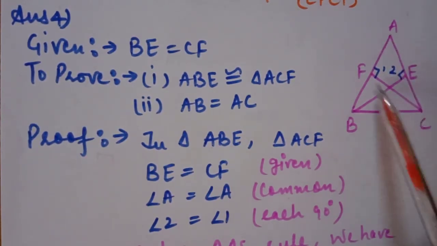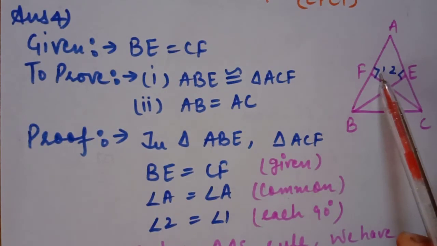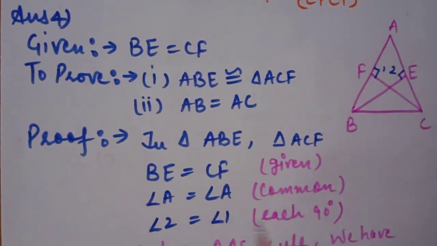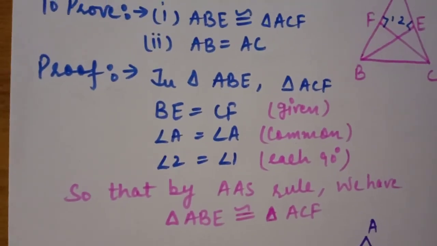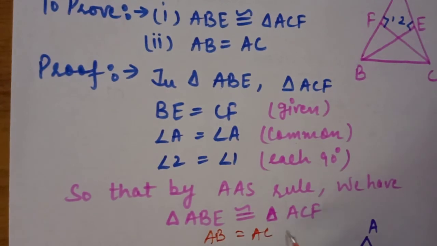In triangle ACF, we have angle 1 as 90 degrees. So angle 2 is equal to angle 1, each 90 degrees. So by AAS rule, triangle ABE and triangle ACF are congruent to each other, and now AB is equal to AC by CPCT.